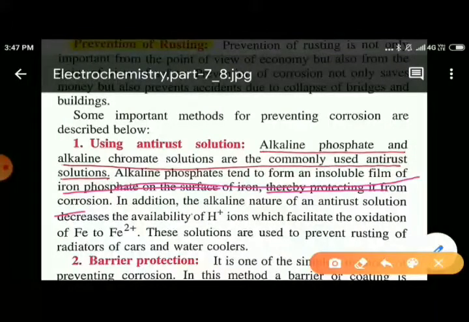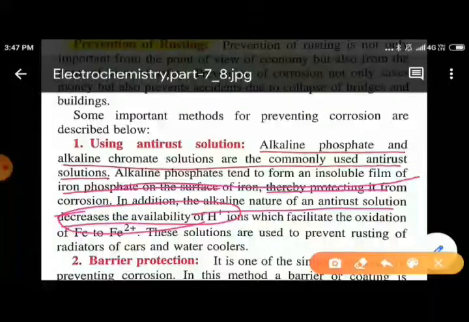In addition, the alkaline nature of the anti-rust solution decreases the availability of hydrogen ions. If hydrogen ions come, the alkaline nature neutralizes them, which would otherwise facilitate the oxidation of iron to ferrous. These solutions are used to prevent rusting of the radiator of a car and water cooler.